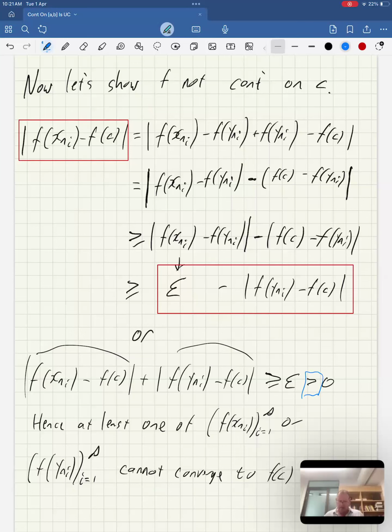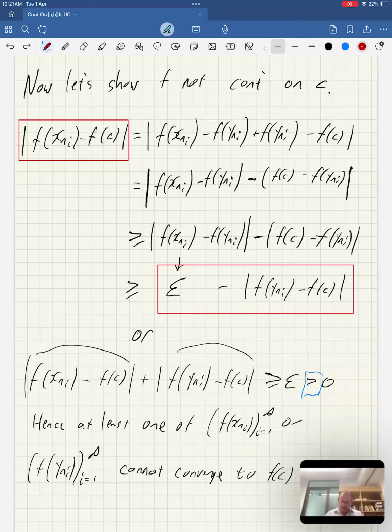For one of them to converge to f(c), you need to be able to make this thing arbitrarily close to f(c), and likewise for the other. But this difference is strictly greater than 0, and it's a sum of two positive things. So that's quite a neat argument at this point.